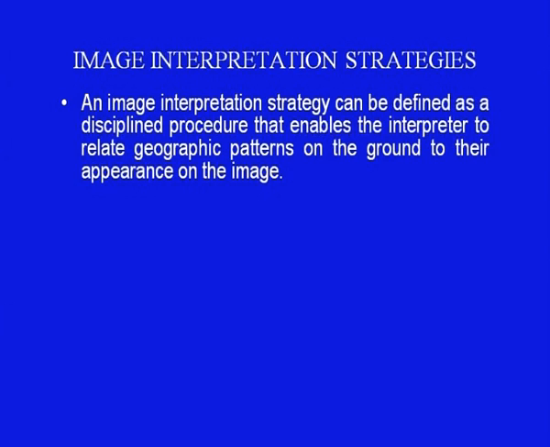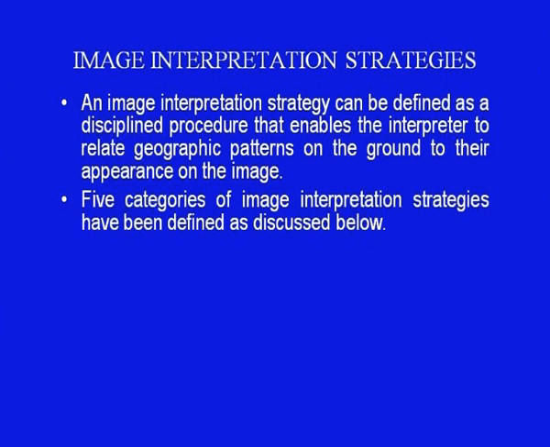Having had a look at the elements, now we need to look at what could be the possible interpretation strategies. An image interpretation strategy can be defined as a disciplined procedure that enables the interpreter to relate geographic patterns on the ground to their appearance in the image.